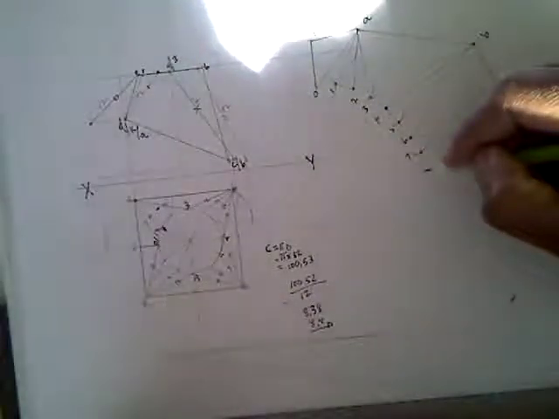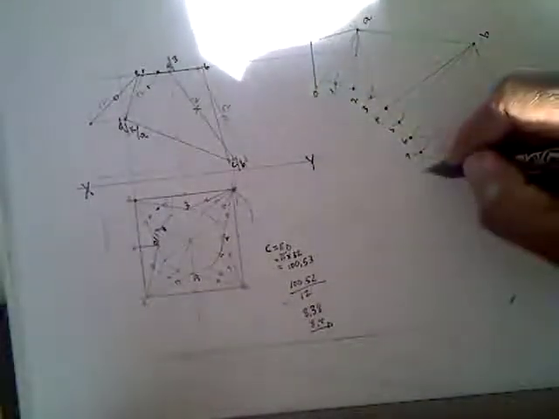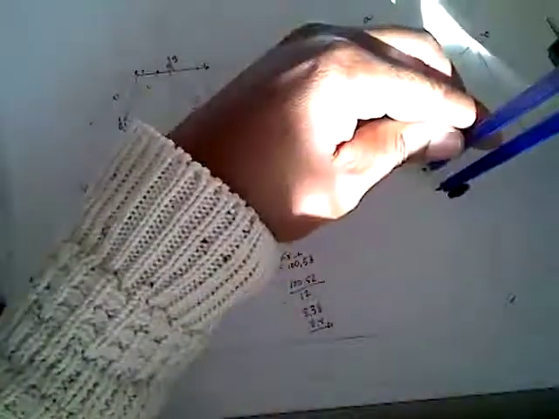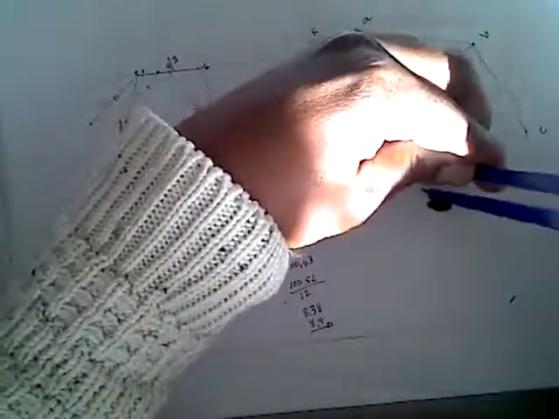Now from 7 to 8, 8 will be here. That will be 8. And then from 8 to 9, 9 will be somewhere here.